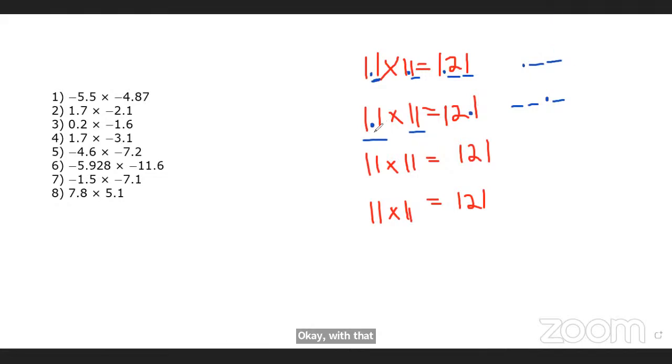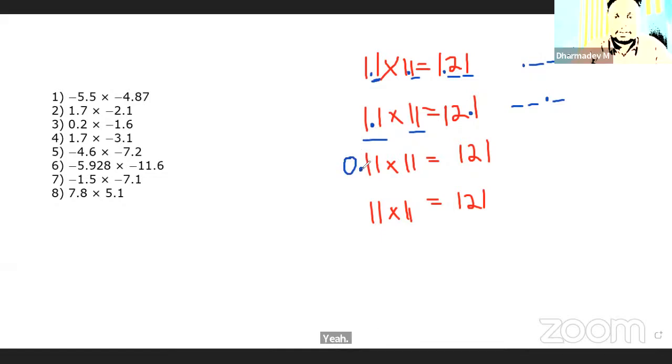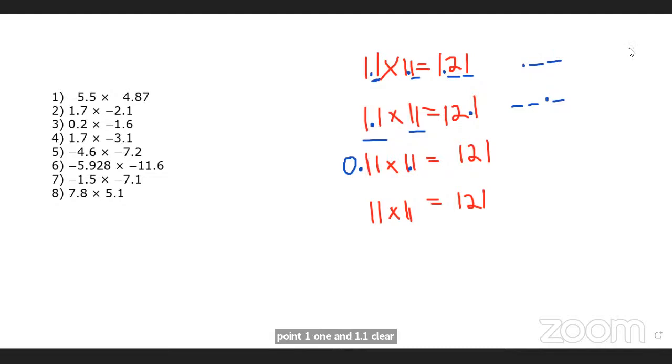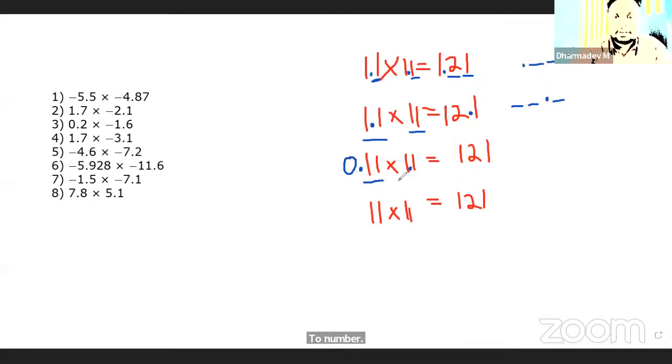Yes, sir. Okay. Now I'm writing here 0.11 and 1.1. Clear? Now answer my question. After the decimal, how many numbers should be there? 2 numbers. Take a look. Here after the decimal, I have 2. Here I have 1.